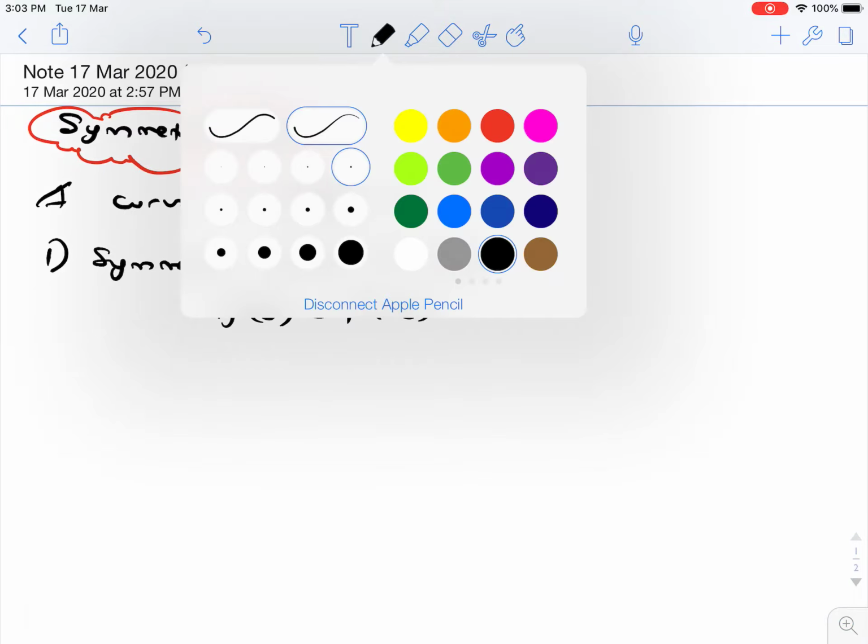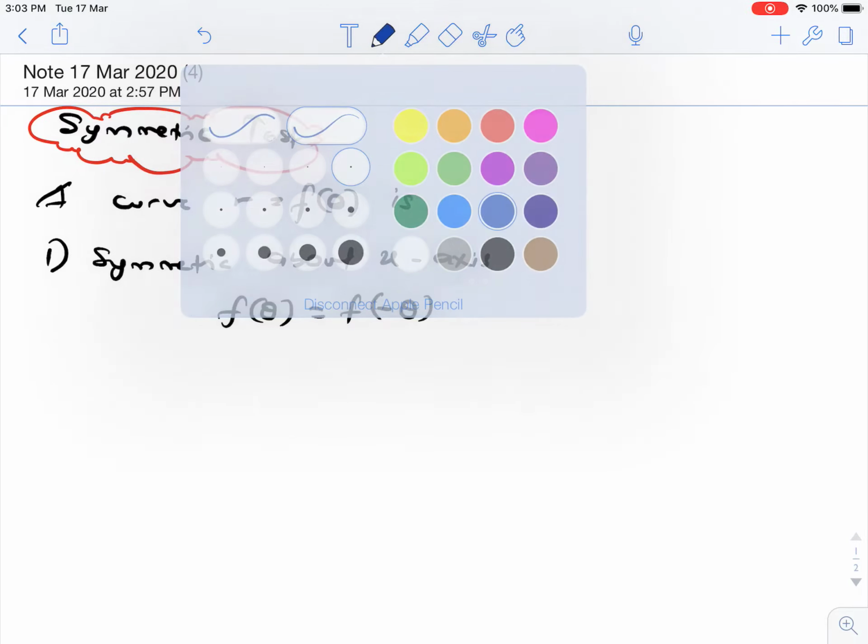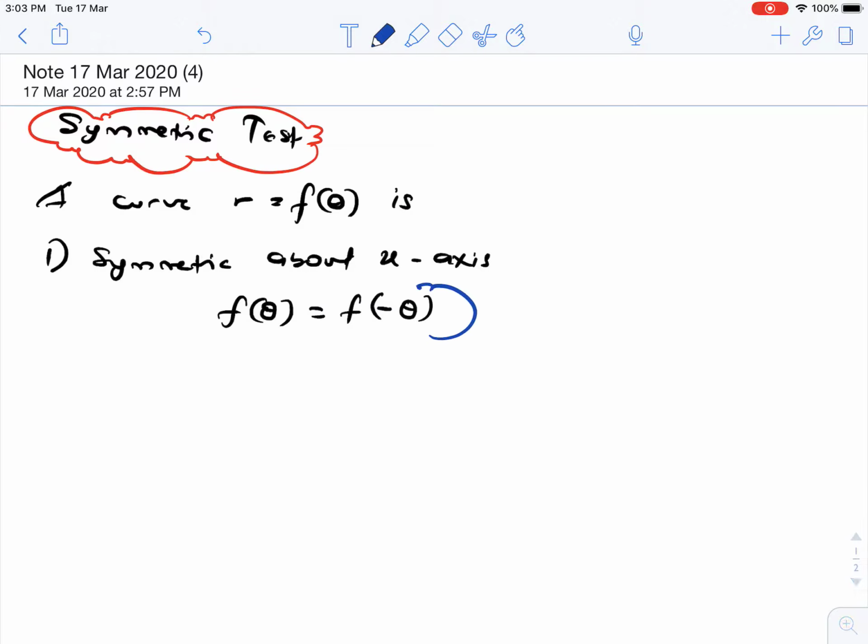Okay, so this is the formula to show the curve symmetric about x-axis.